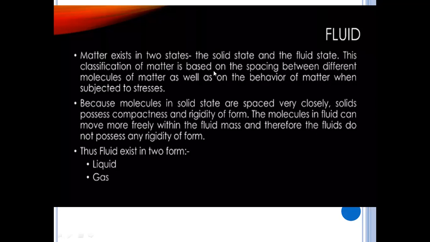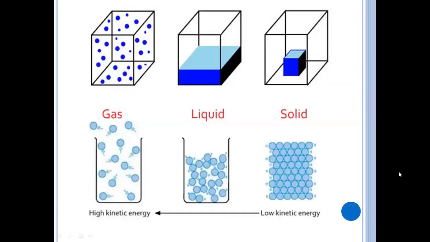I'll show you in the next picture how the molecules are packed. In the first picture, you can see where the pointer is pointing. In solids, the molecules are very closely packed, whereas in liquid, they are partially closely packed, whereas in gas, they are randomly placed.